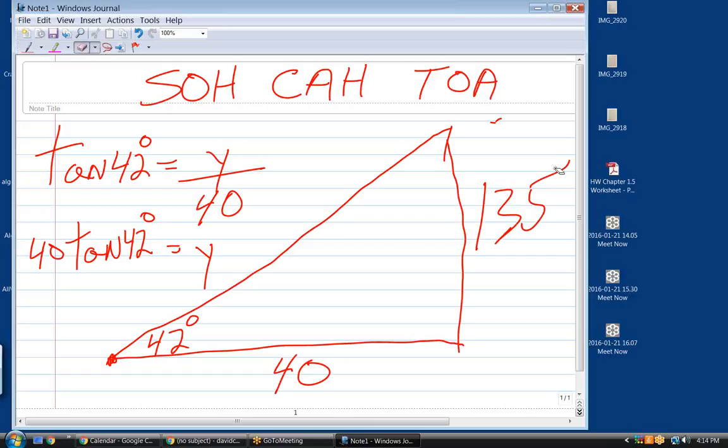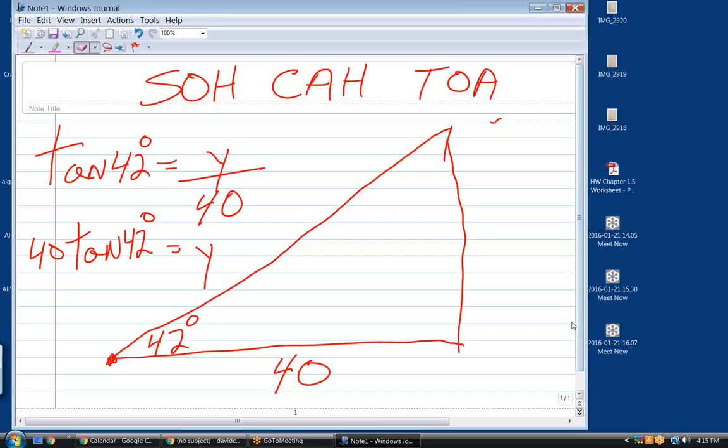So doing these ballpark checks is really helpful to catch errors. Okay? So I'm able to determine the height of that tree by knowing only two things: the distance I am from it on the ground and the angle that it makes, the angle of inclination. You can always get this with some sort of a surveying instrument.